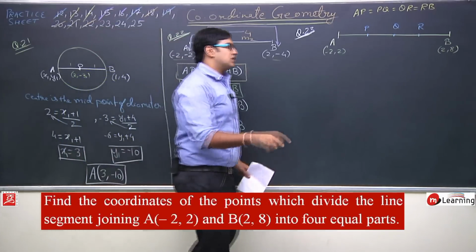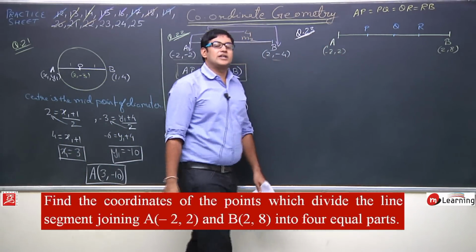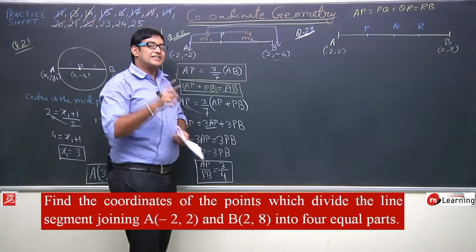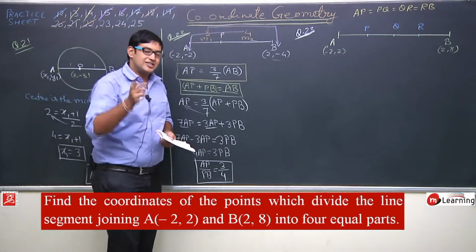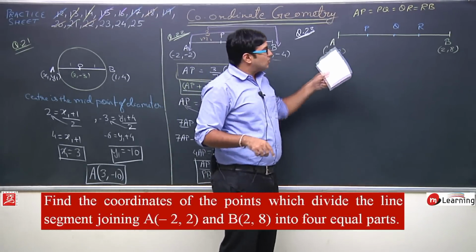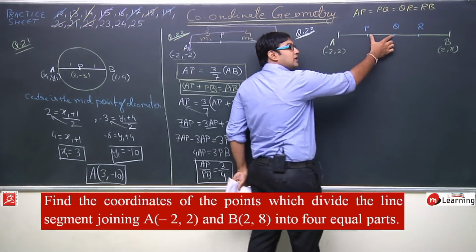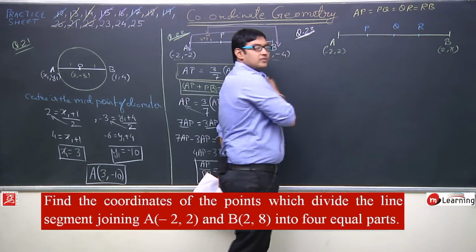I want to determine the coordinates of all these points. Now how to determine the coordinates? Again, the method that we applied in the trisection question, the same method we are going to apply in this question also. How to apply that? Observe it very carefully. AP is equal to PQ is equal to QR and is equals to RB.